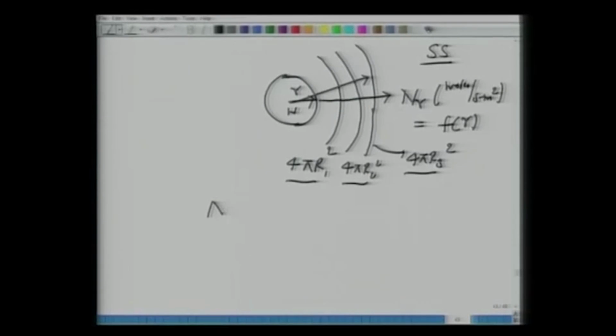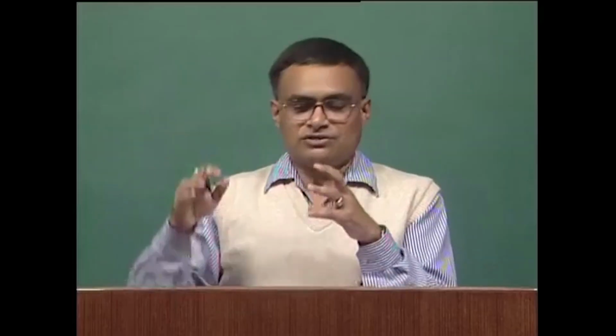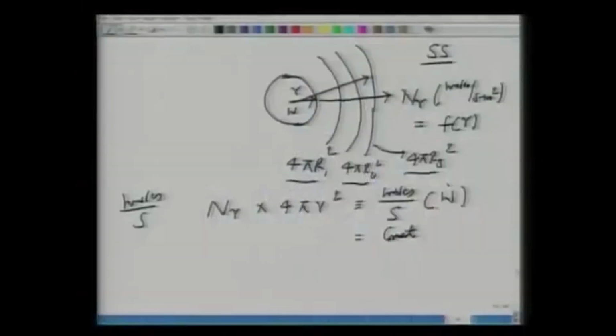However, N_r multiplied by 4 pi r square, which will be moles per second, or we call it W dot, this will be constant. Although the total moles per second, or kg per second, will be conserved, will be constant under steady state, kg per second per meter square or moles per second per meter square will not be a constant with R.